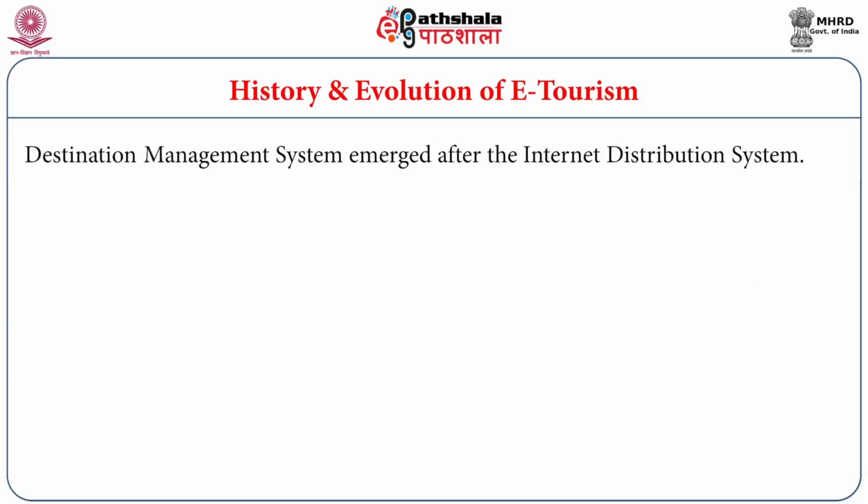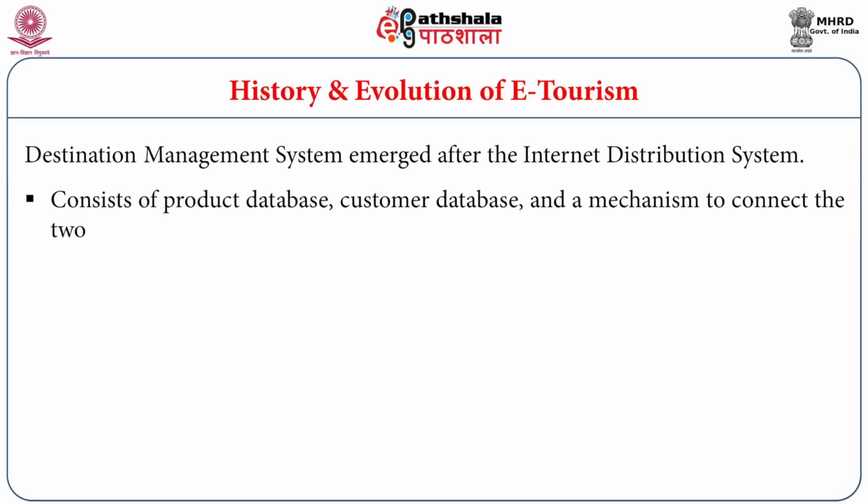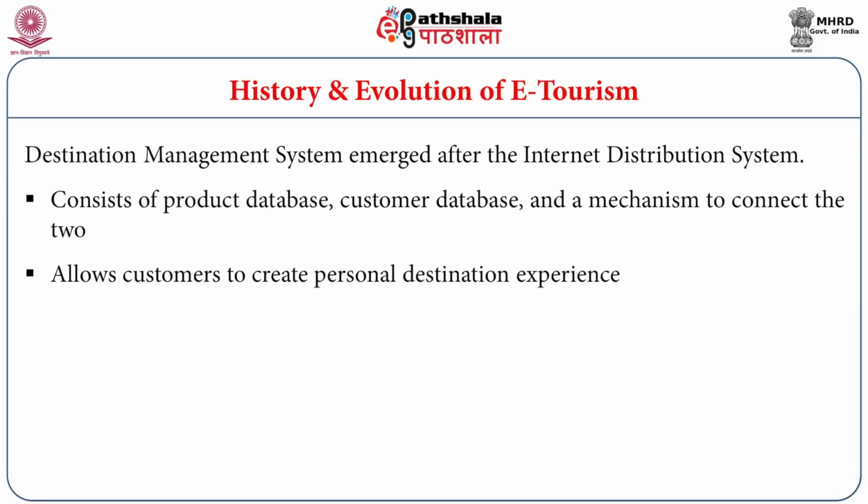Destination management system emerged after the internet distribution system. It consists of product database, customer database, and a mechanism to connect the two. Allows customers to create personal destination experience.